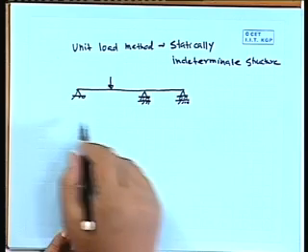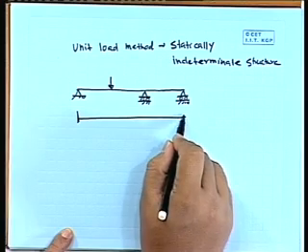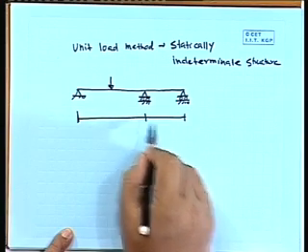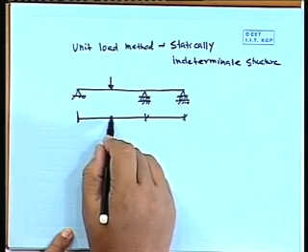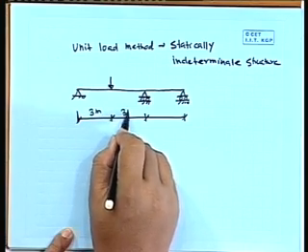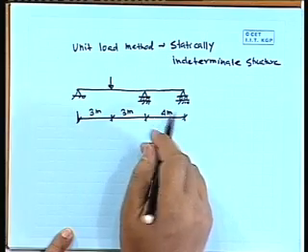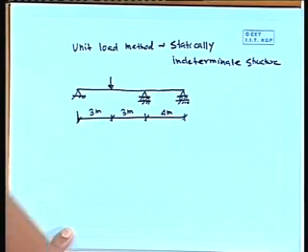Say this is 3 meter, this is 3 meter, this is 4 meter, and the load is 120 kilonewton.